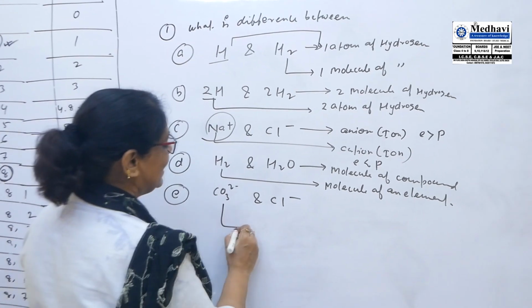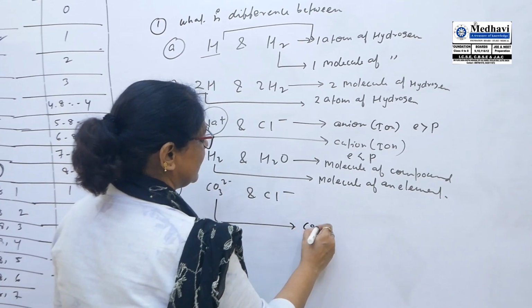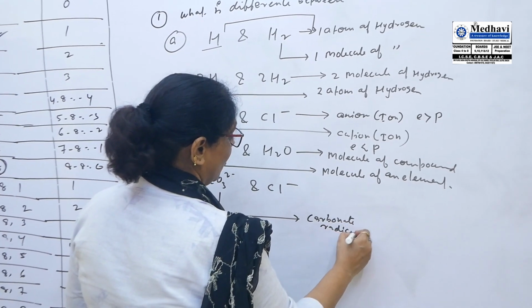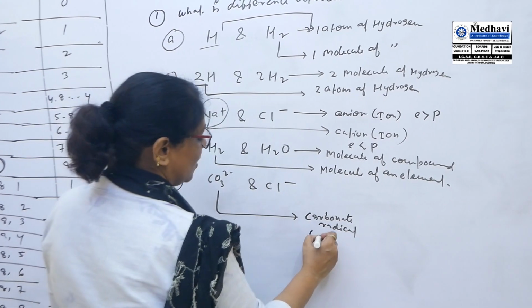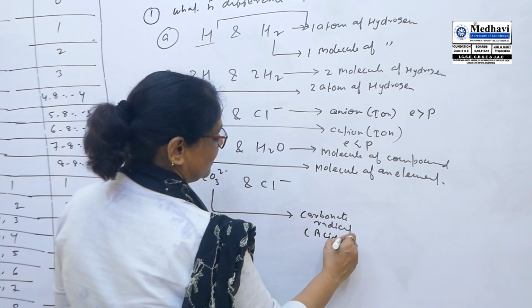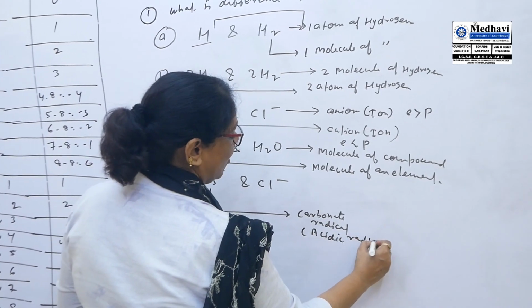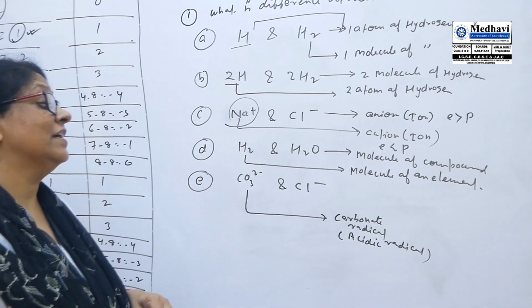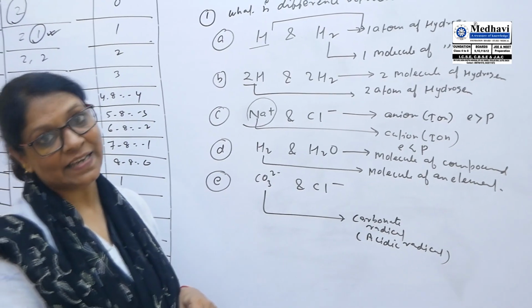Here, it is a radical of carbonate. You can say carbonate radical, or you can say it is an acidic radical. Very important point: all anions are acidic radicals, whereas all cations are basic radicals.